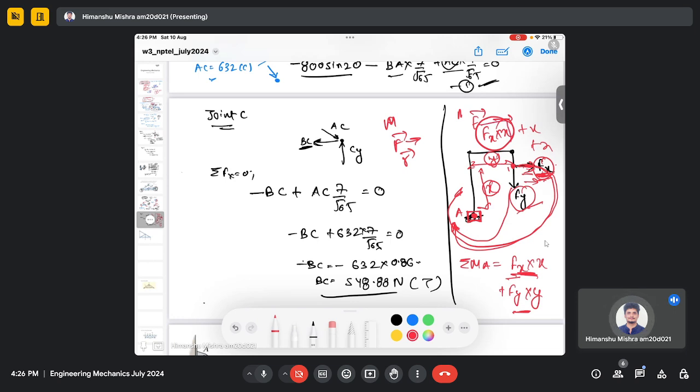To define the direction, we need to imagine the direction of rotation about A, because this is what Fx multiplied by x is showing. See, you have this point, and you have Fx here. You can easily recognize the direction of this quantity, which is force Fx.